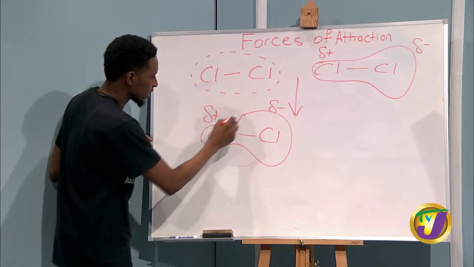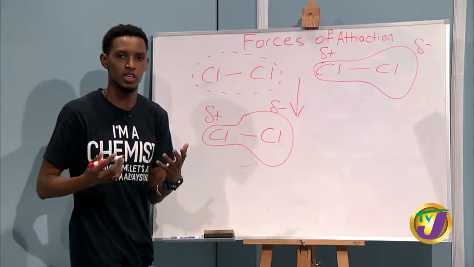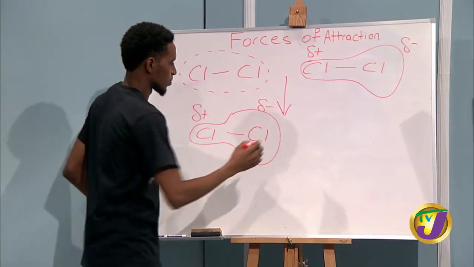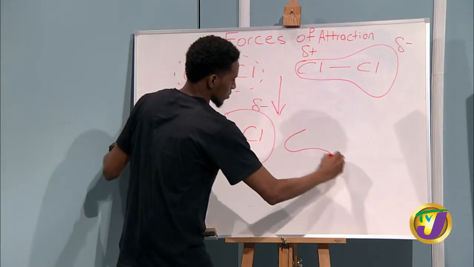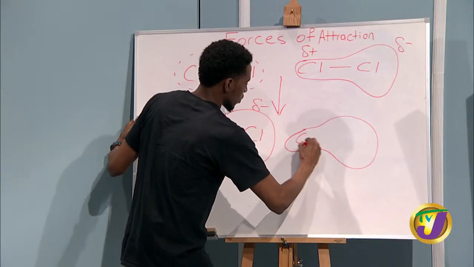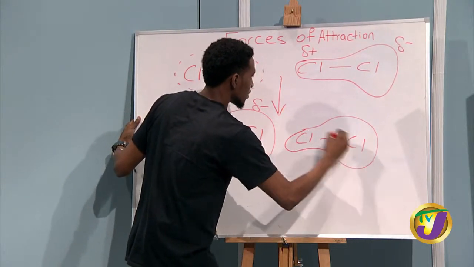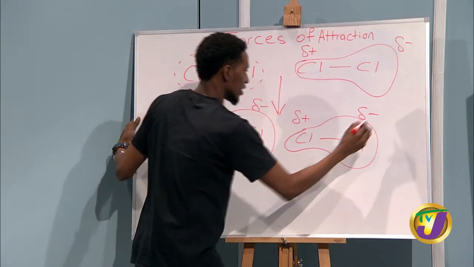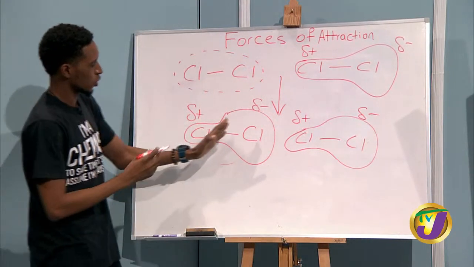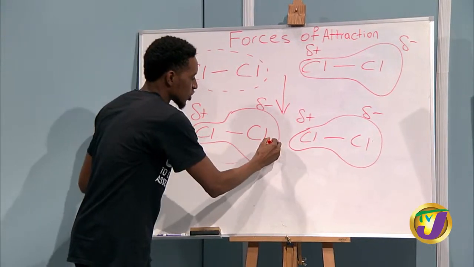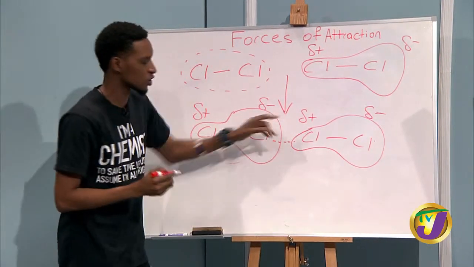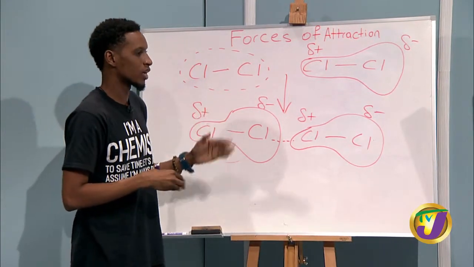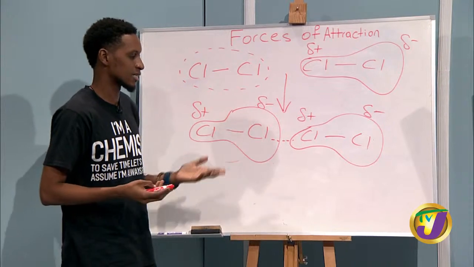This outline here represents the electron distribution, the electron density around the molecule. Chlorine, chlorine, delta positive, delta negative. So now there is an attractive force between the two. And this is what we call an induced or instantaneous dipole.